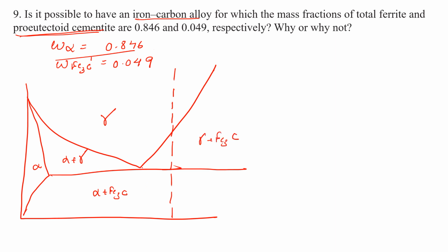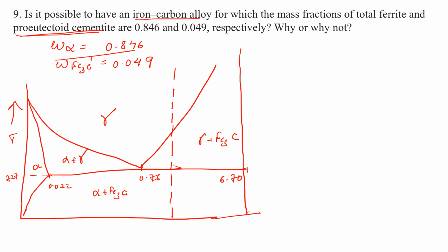Okay, this is 0.76, 0.022, this is 6.7, and 727. So is it possible to have an iron-carbon alloy with this mass fraction of total ferrite?